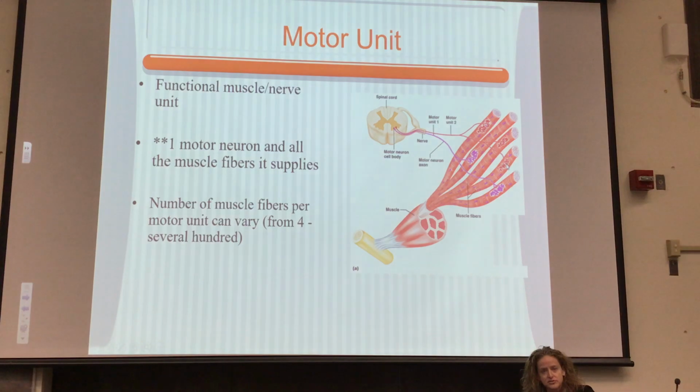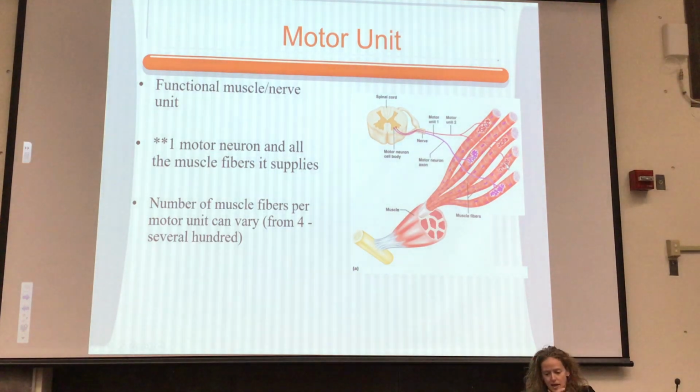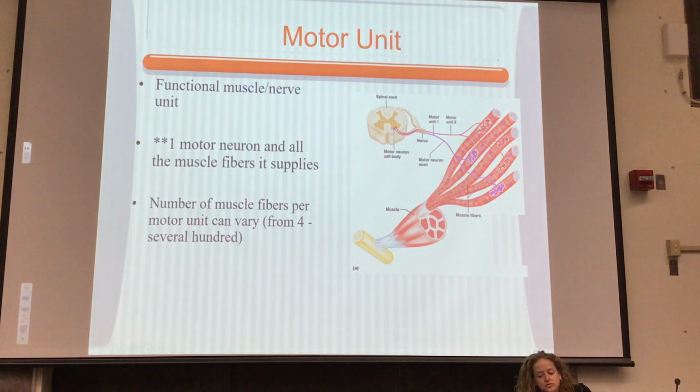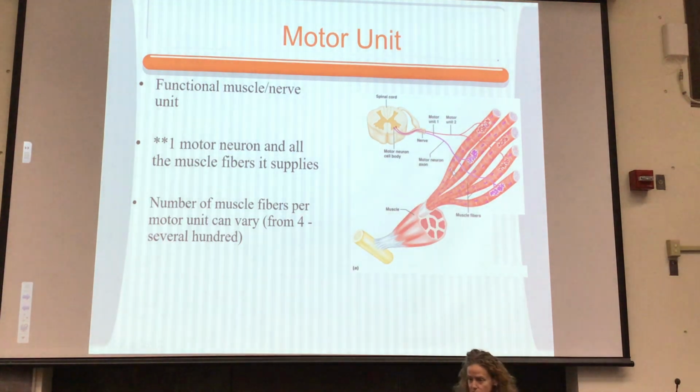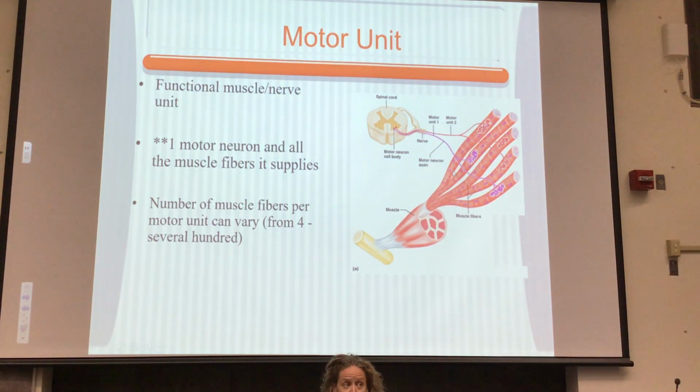How many muscle fibers does that red motor unit supply? Three, right? The red one goes to one muscle fiber, two muscle fibers, three muscle fibers. How many muscle fibers does the purple one supply? Two. So each motor unit is one nerve and however many muscle fibers it supplies.